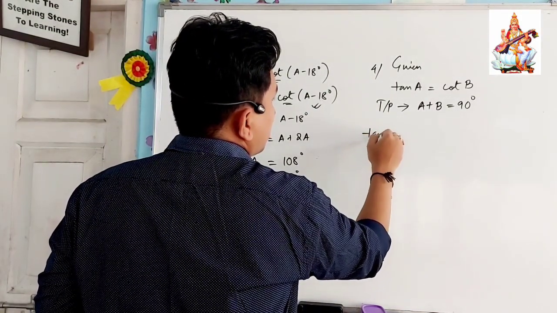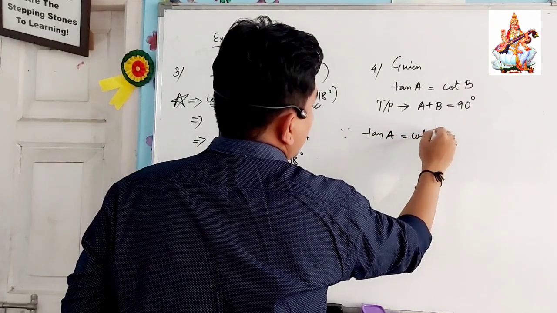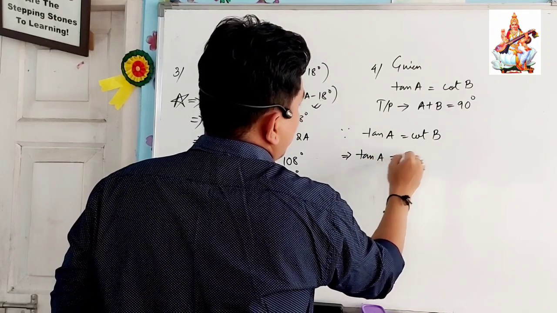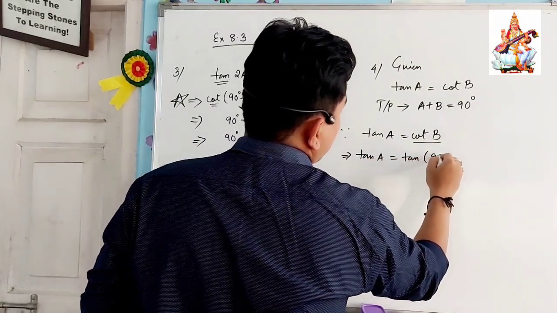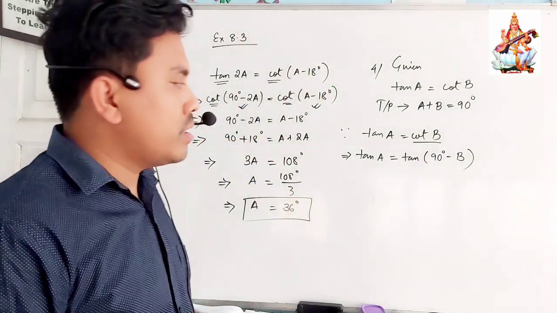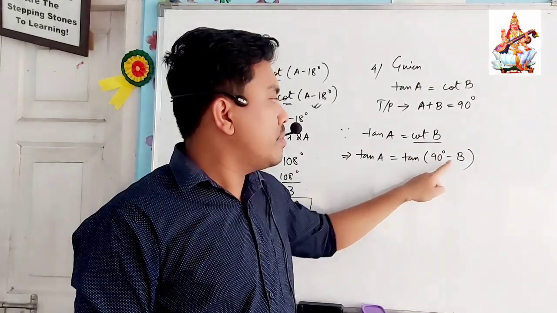Alright. Now, tan A, it is given that tan A is equal to what? Cot B. So now tan A will be equal to, in place of cot B, can we write tan (90 minus B)? I told you tan (90 minus A) is what? Cot A. So tan (90 minus B) will be what?